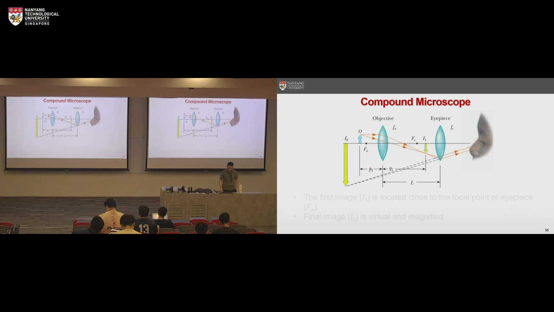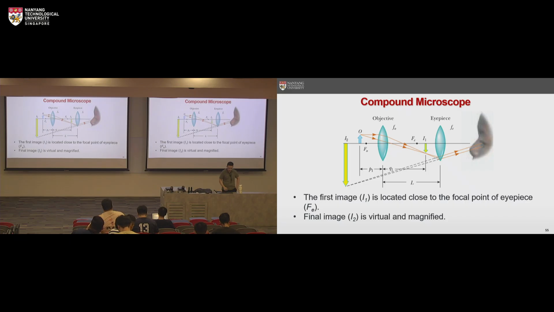Okay, if you move to the next slide, you'll see a compound microscope. If you pay attention to past exam papers and tutorial questions, you'll see that most questions appear as two lenses, or two mirrors, or one lens and one mirror. Why?